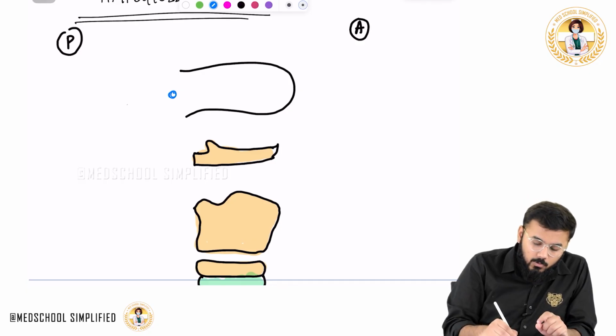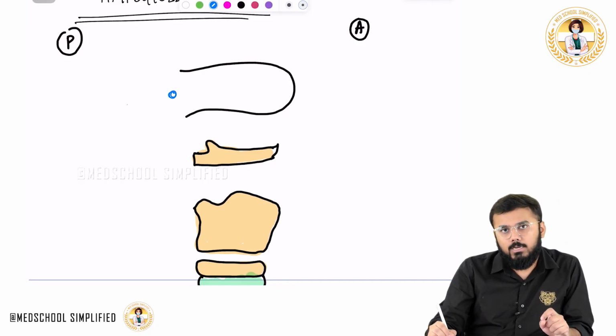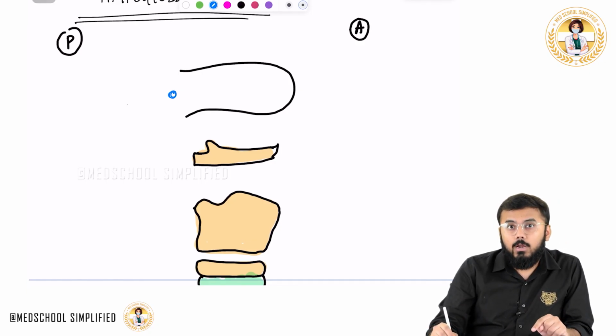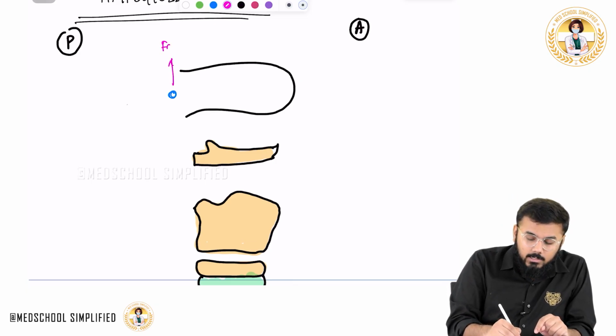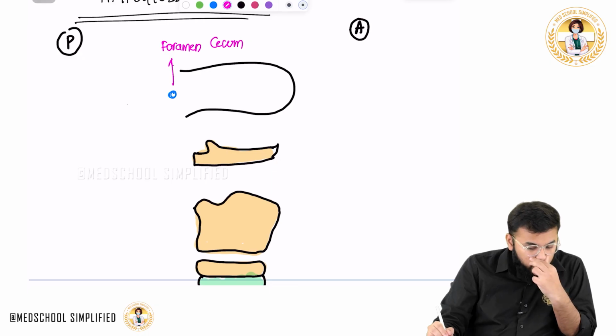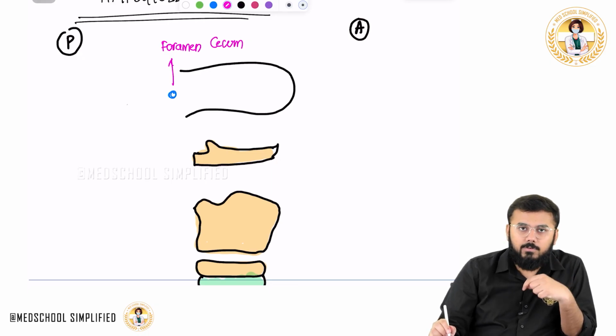This small opening that is located on the posterior aspect of the tongue is called the foramen cecum. What is this particular opening called? This is called foramen cecum.